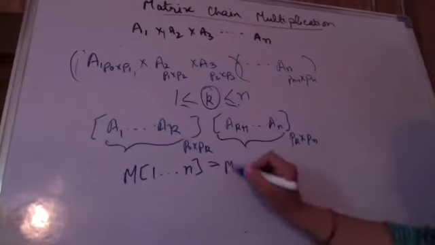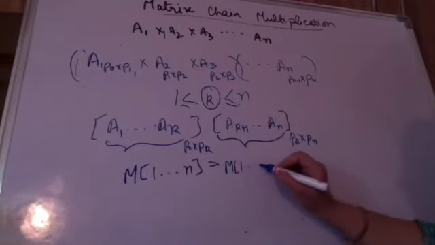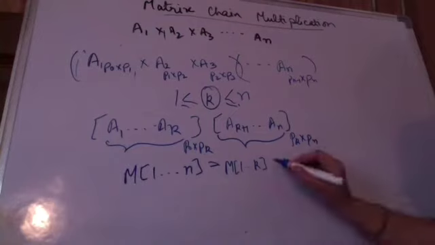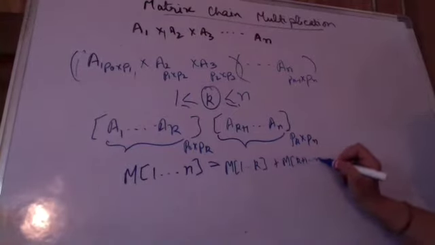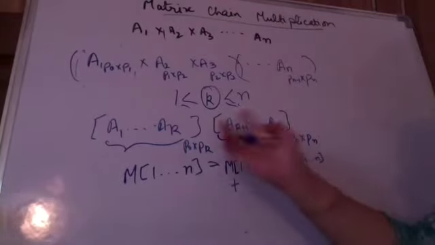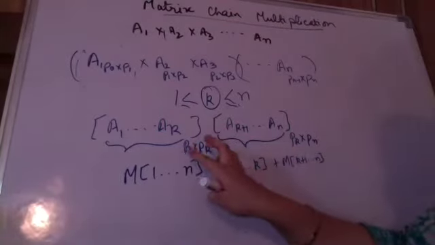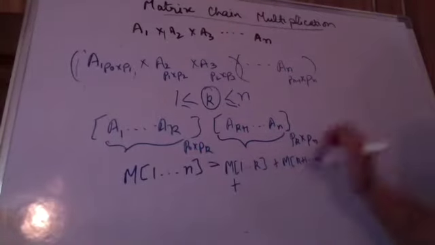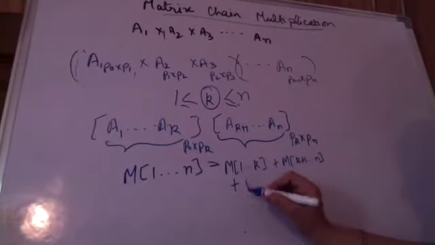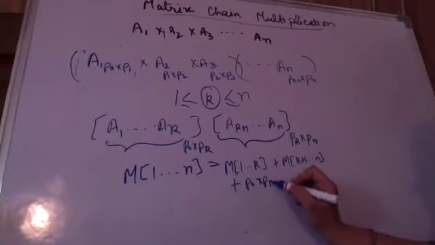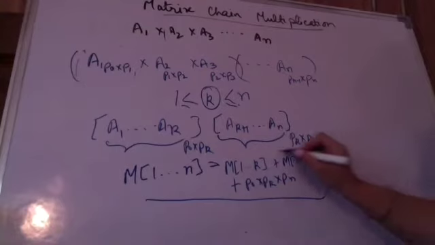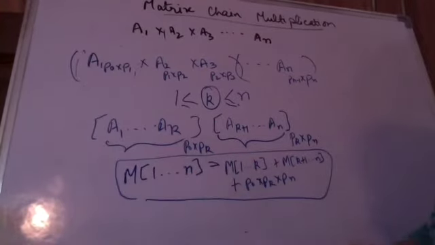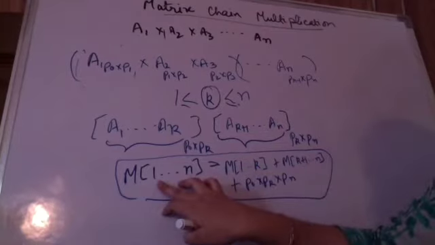So the number of multiplications will become the number of multiplications from m1 till k plus the number of multiplications required from m k plus 1 till n plus the number of scalar multiplications required to multiply two matrices, which is the product of their orders. So I'm having P naught cross Pk into Pn. This becomes the total formula for calculating the total number of scalar multiplications. Am I clear?